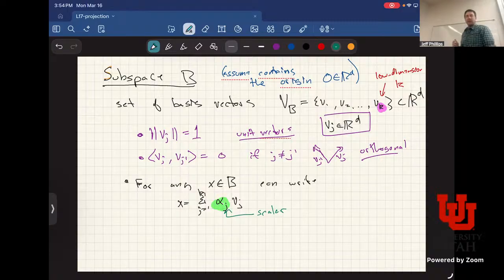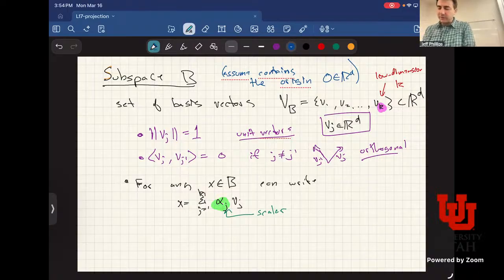So this gives me a way to write any point in the subspace. That's what this means, and I'll be able to do this if I have these basis vectors.